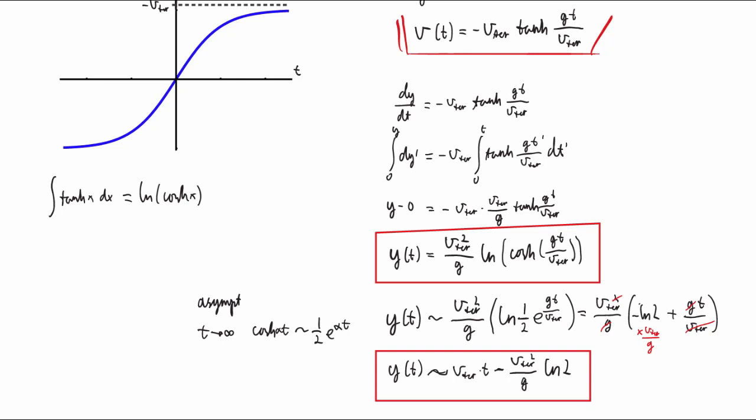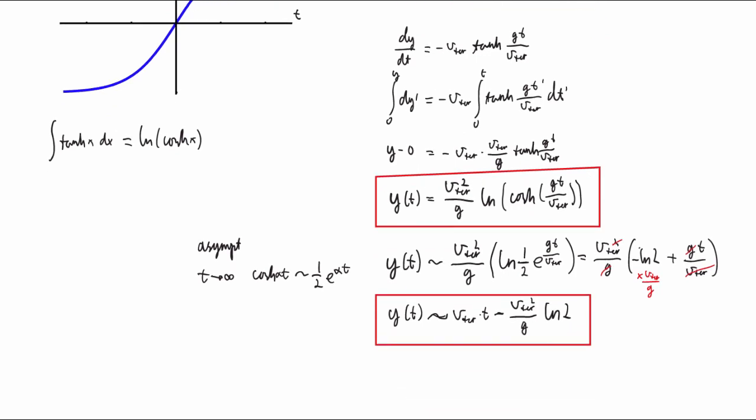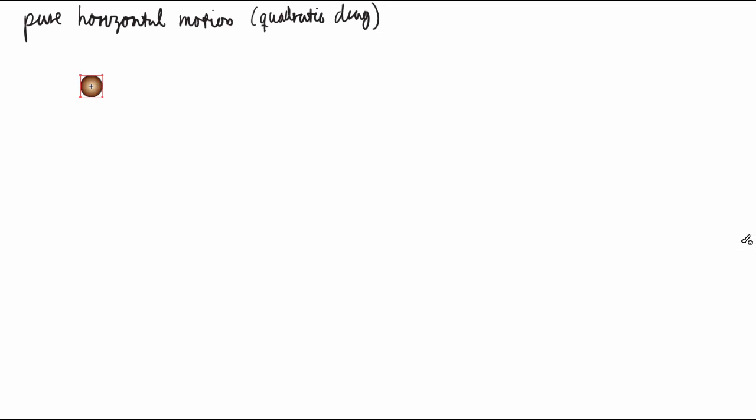The next thing on the agenda is pure horizontal motion under quadratic drag. So now, in order to have that, we have to get rid of gravity, of course, and all that we have is a forwards pointing velocity and a force that points in the opposite direction.